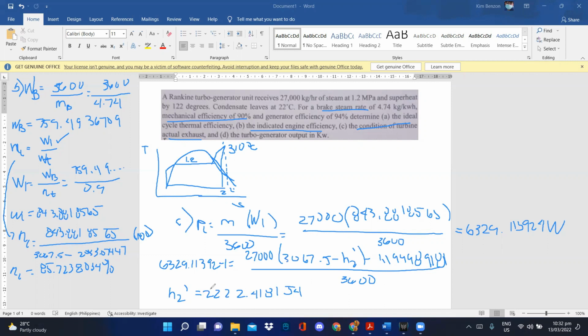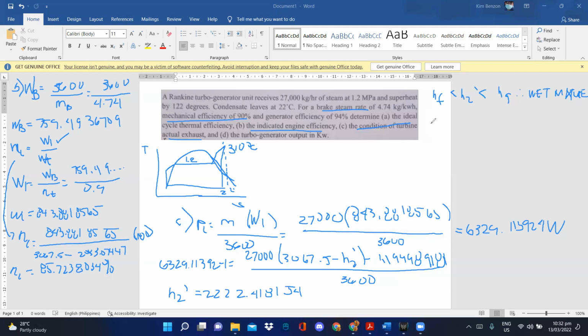We will see kung ito ay sa wet mixture pa rin since tayo ay na dito sa area ng saturated region. So if your HF is less than your H2 prime and your H2 prime is less than your HG, therefore siya ay wet mixture. So tingnan ninyo maigi kung siya ay wet mixture and you decide.